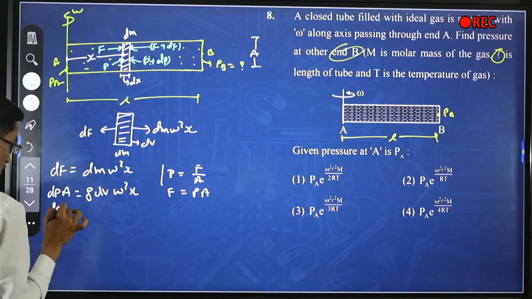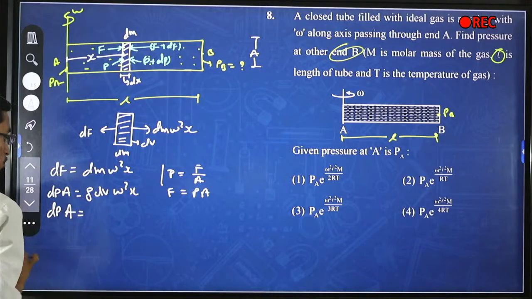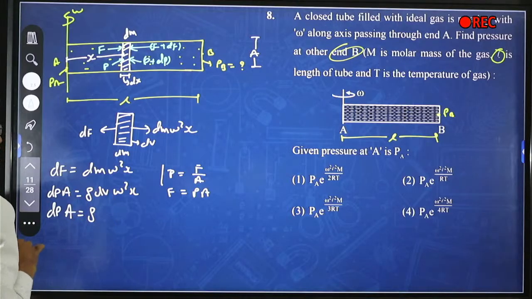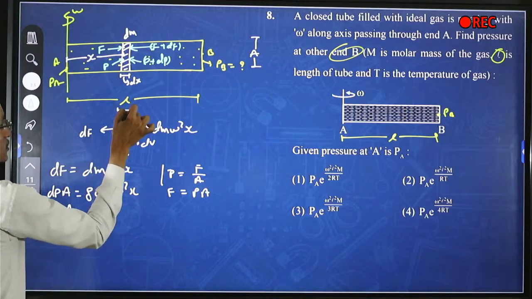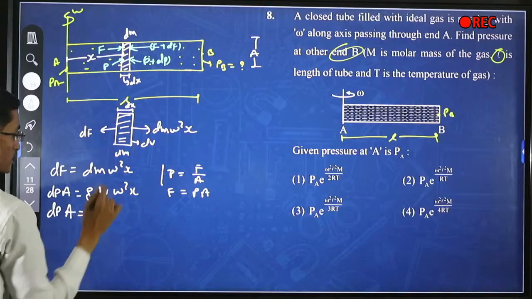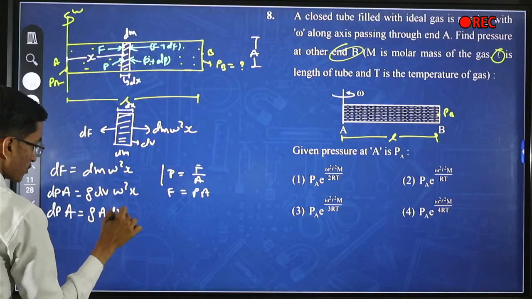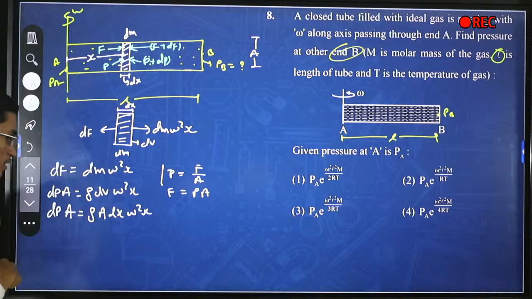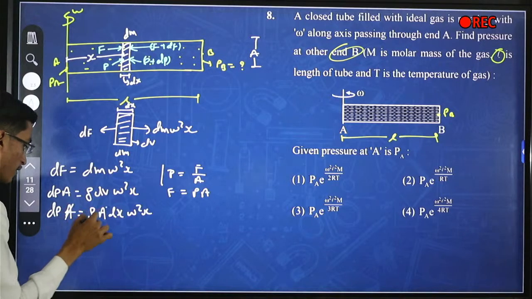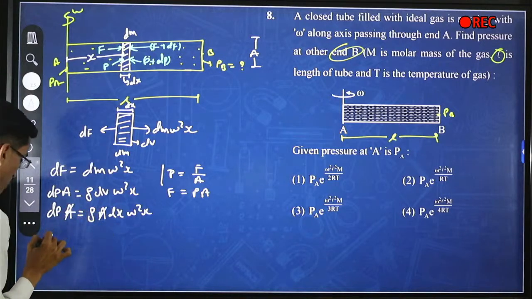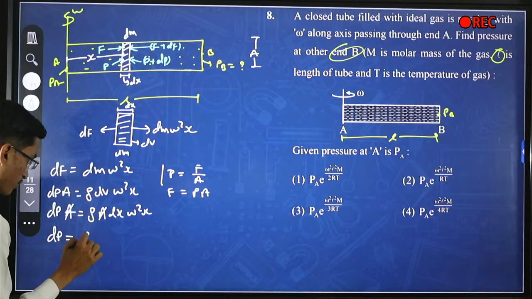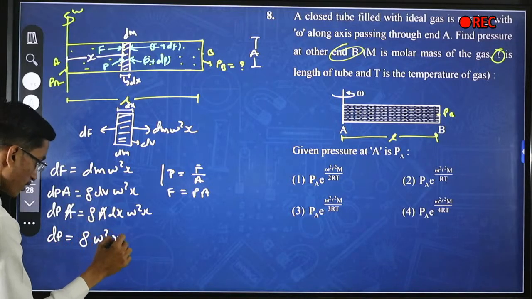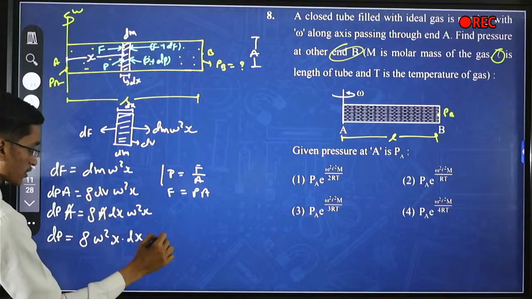So dP into area, rho as it is, volume dV can be written as distance dx and area A, so A into dx into omega square x. Okay, so A will be cut. So in this equation, dP will become rho omega square x into dx. That is equation 1.